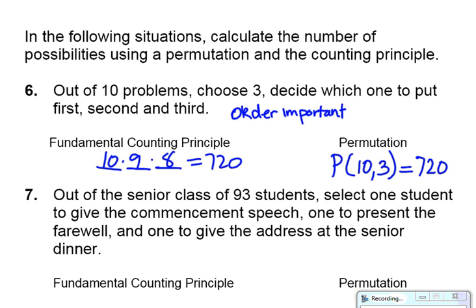Now, I don't believe we talked about how to do it on your calculator yet, unless I skipped it on the last page. To do it on your calculator, you're going to go to a calculator page. Then you're going to go to the menu.